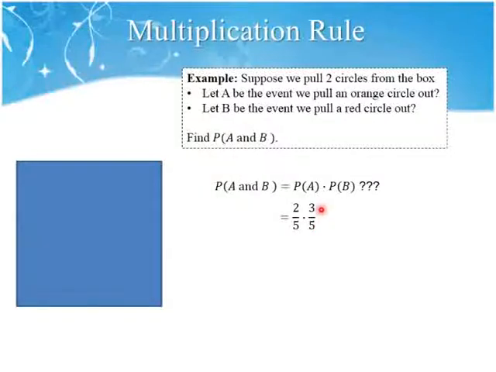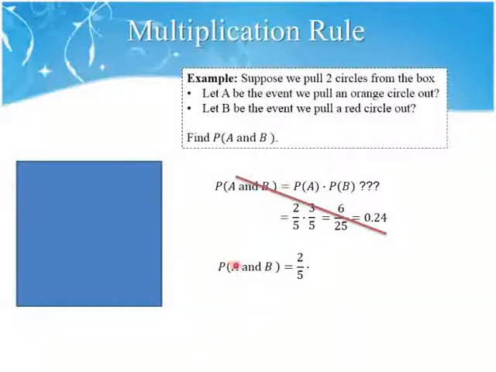Similarly, for the probability of B occurring, the probability we pull a red circle out would be 3, because there's 3 red circles, divided by the total number of circles, which would be 5. Multiplying those together, you'd get 6 out of 25, which is 0.24. That's actually not correct.